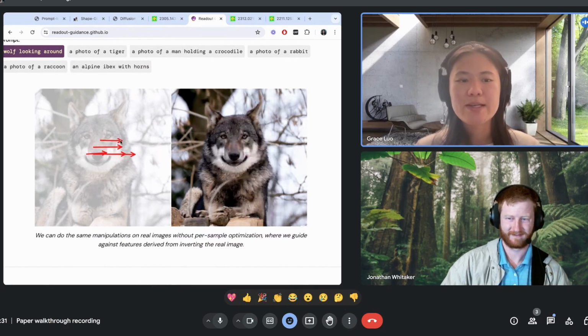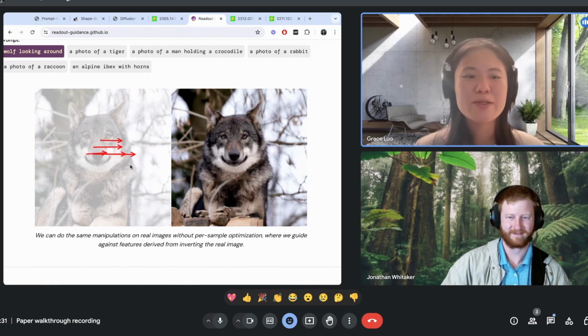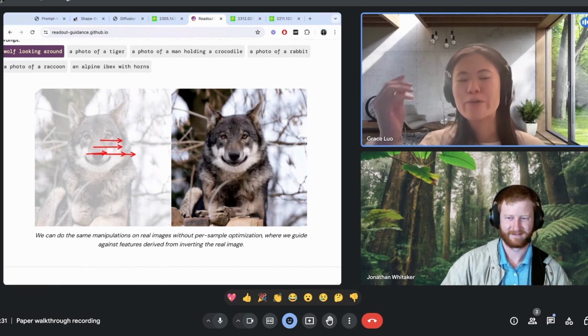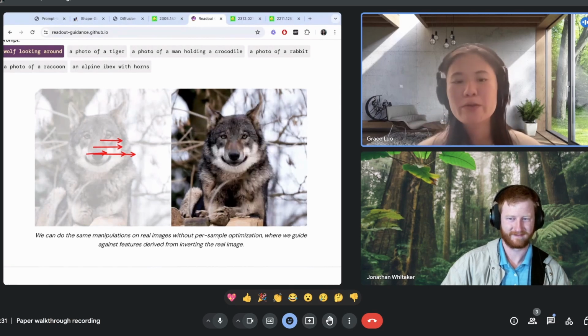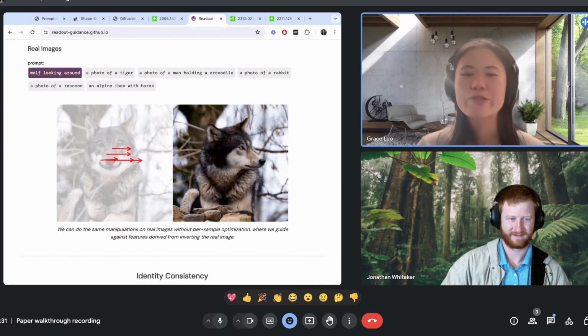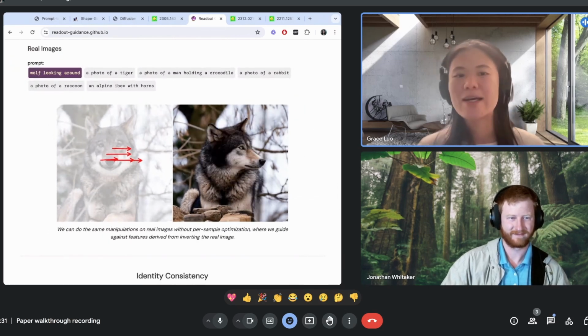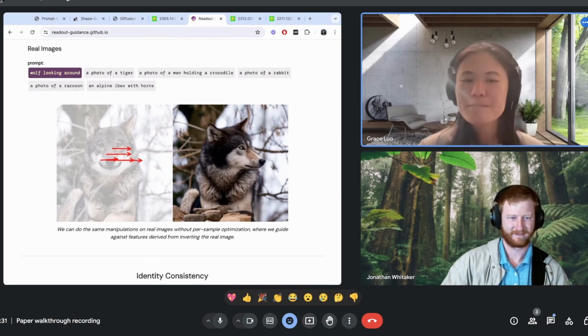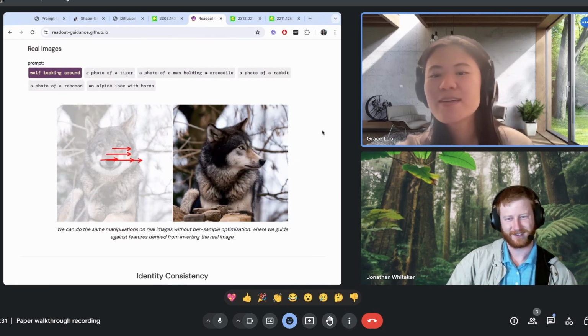And so these are example point tracks from a real video. And so you can, again, handle multiple input correspondences and make it respect this kind of motion, which is really fun. It definitely requires a little bit more engineering to operate on real images. So you have to do fancy stuff called DDIM inversion, and that sort of thing, in order to get it to work in this setting.